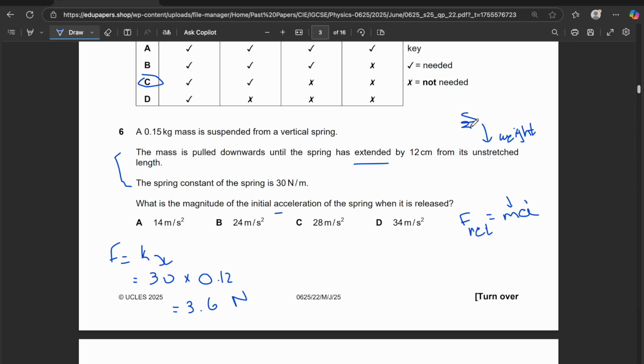Even though we apply the force downwards, it actually is a restorative force, which means it will try to get back to its original displacement. So the actual original equation looks like this, because the force is trying to oppose the displacement. If not, it will just keep stretching, and it doesn't make sense. It's trying to oppose the displacement.